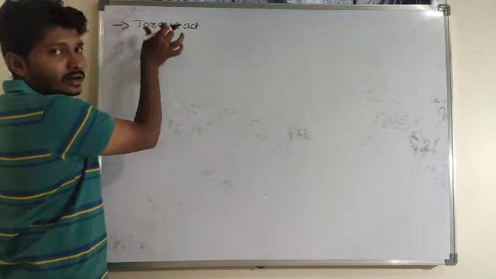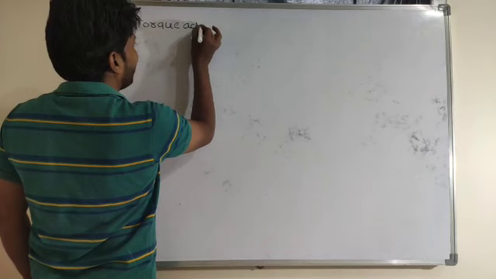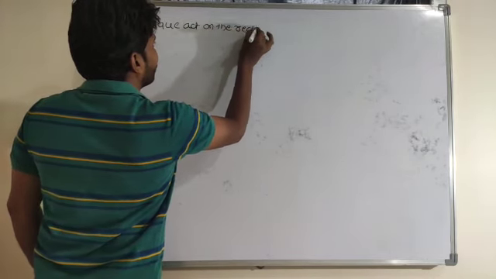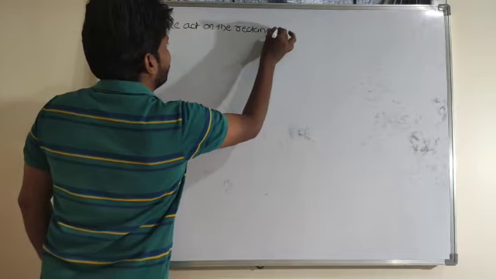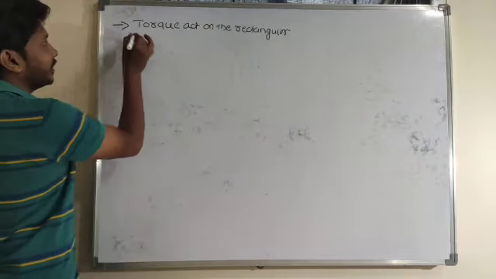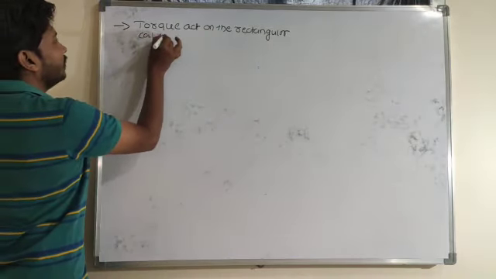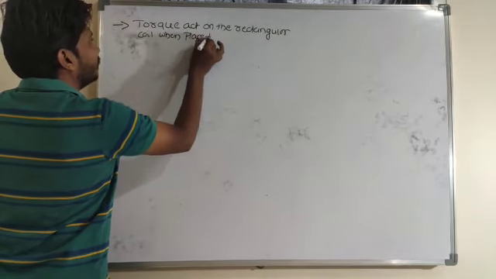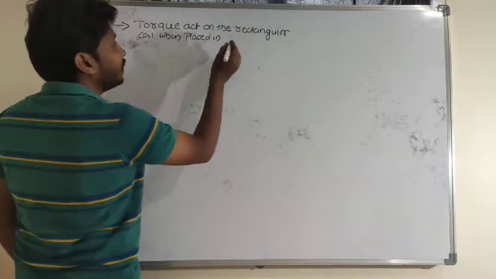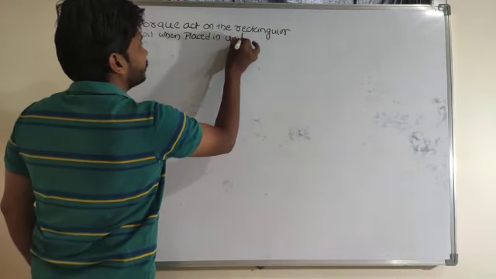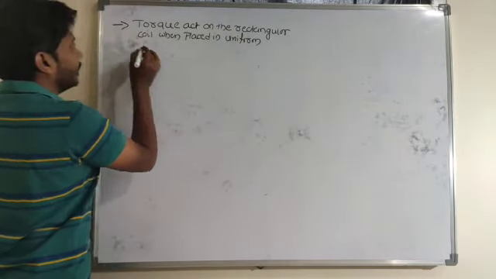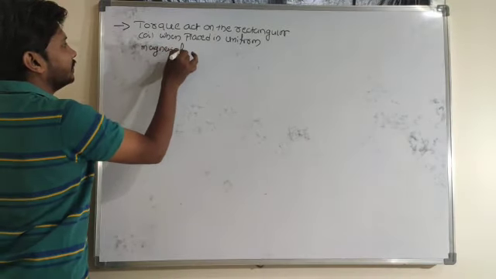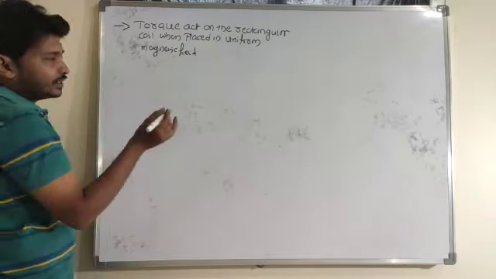On that rectangular coil, torque acts. Torque acts on a rectangular coil when placed in a uniform magnetic field. So in theory class you derived that expression.